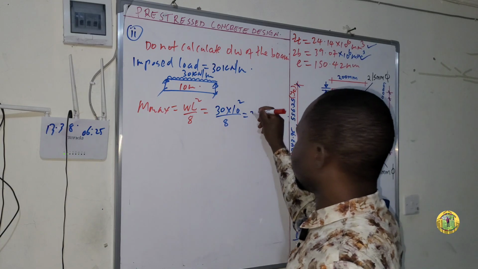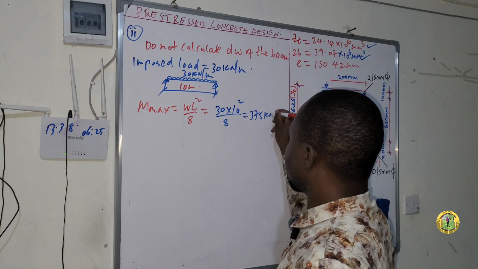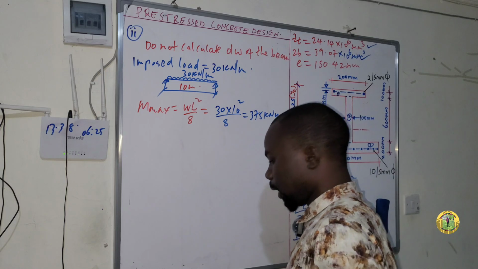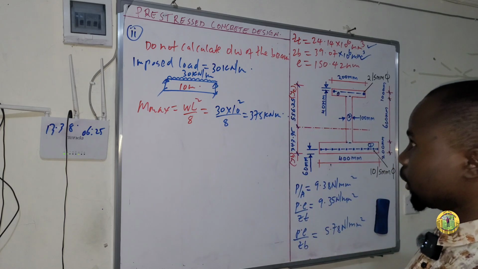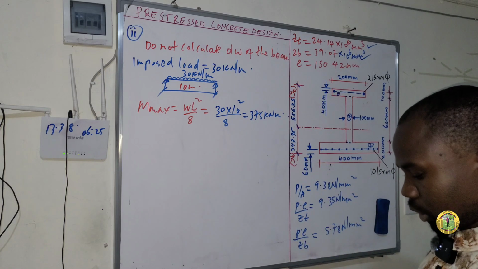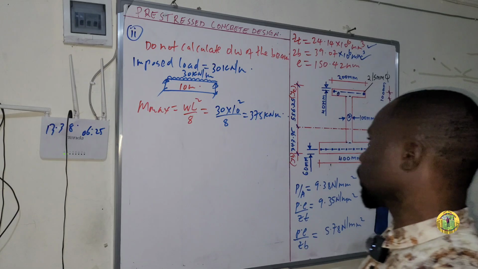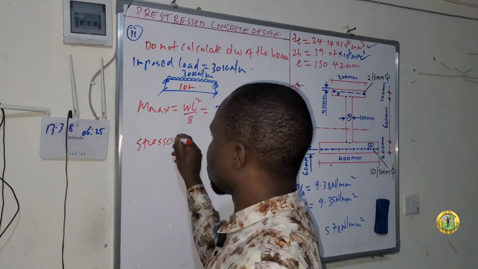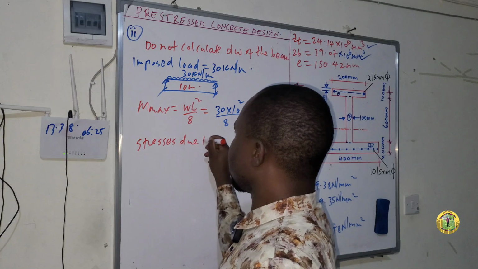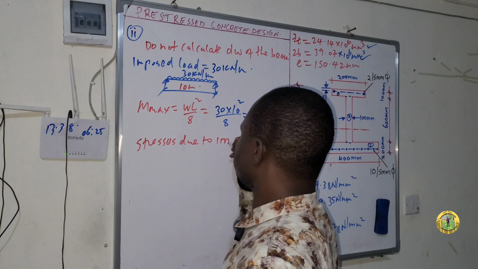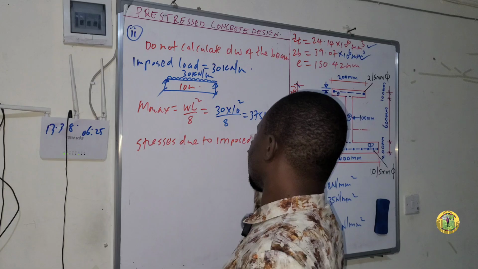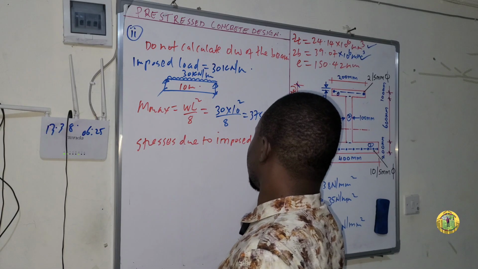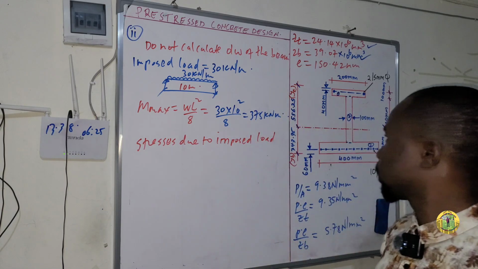So this is 375 kilonewton meter. And then from there you calculate the stresses due to imposed load. So we will begin by the top side.